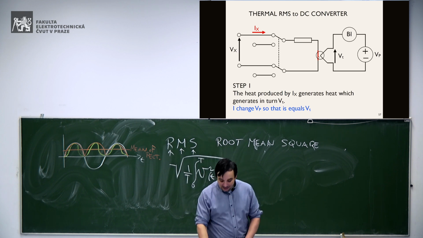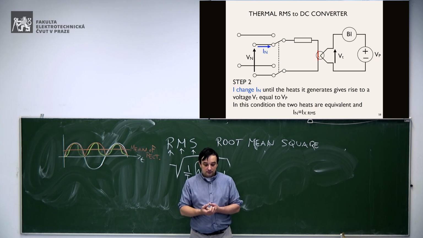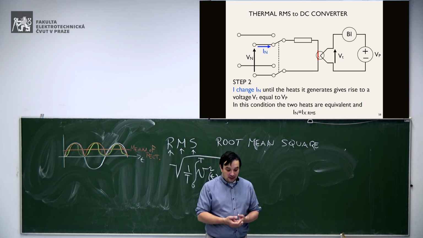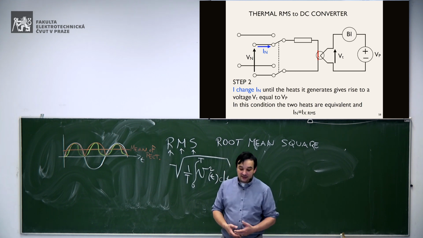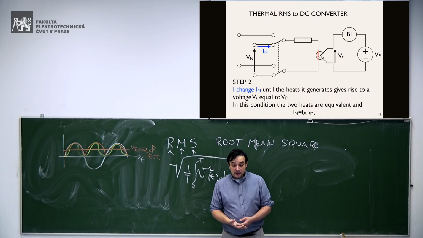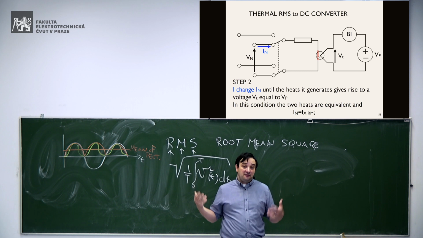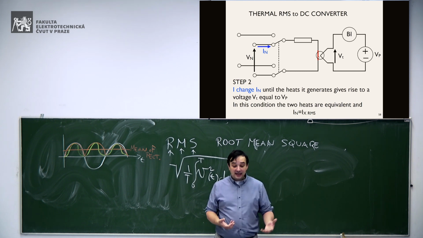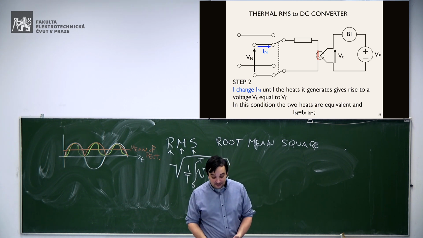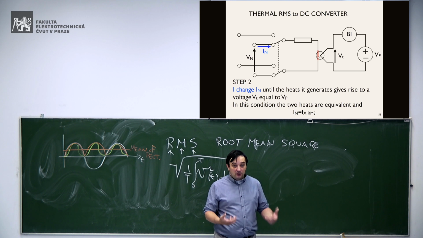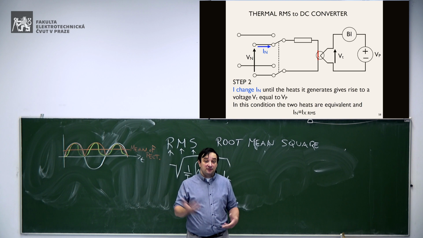And then we change the position of the switch. I change the position of the switch and I inject another value of current in the heating element. Generally speaking, this current In has a different RMS value than the current Ix. Therefore, it will create a different quantity of heat. Therefore, the voltage created by the temperature sensor, Vt, will be different.